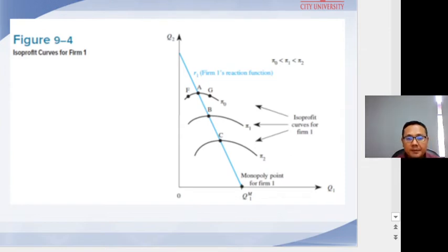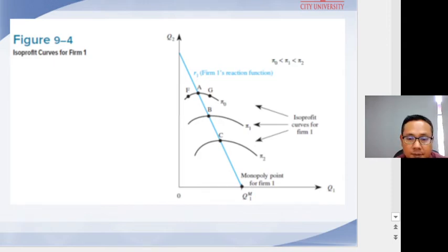And then the third point that is important to understand for this figure is that the isoprofit curves for firm 1 reach their peak where they intersect firm 1's reaction function.